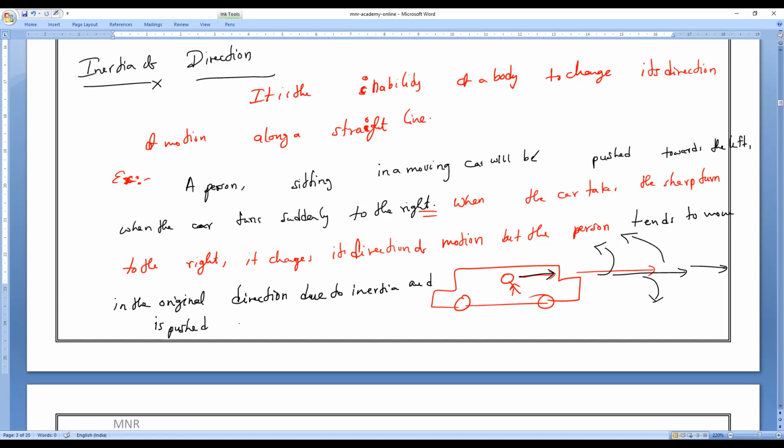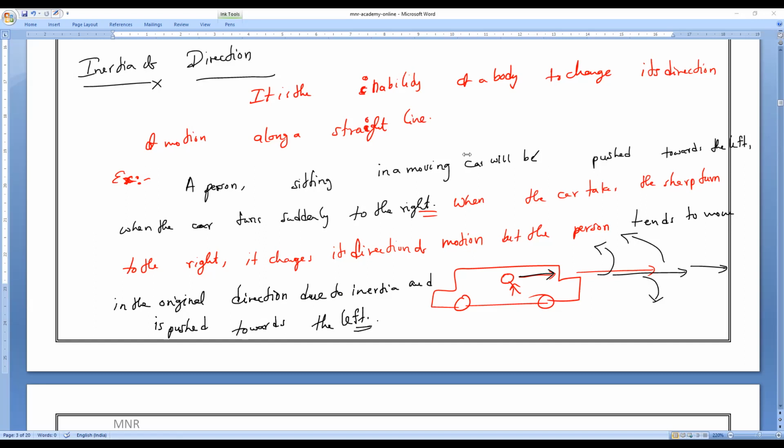Your car is taking a right turn, so you will be pushed left or right? Towards the left. Okay. Your car will take a left turn, you will be pushed right side. Your car will take a right turn, you will be pushed left side.